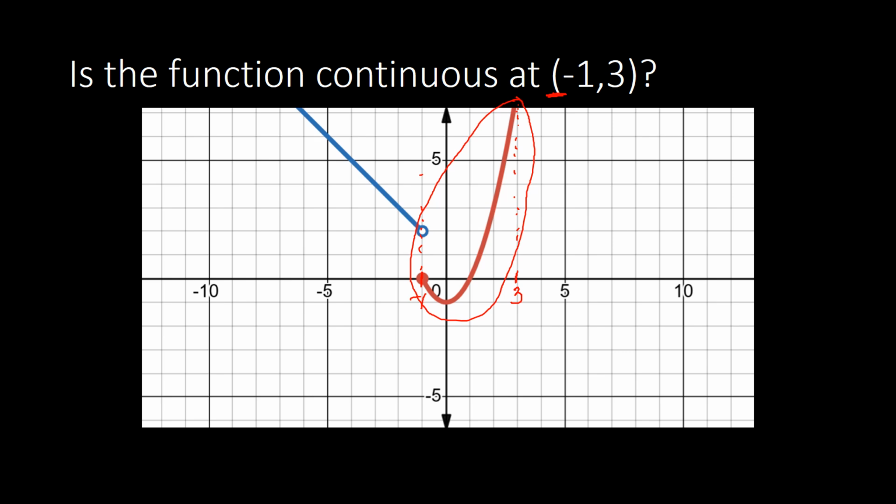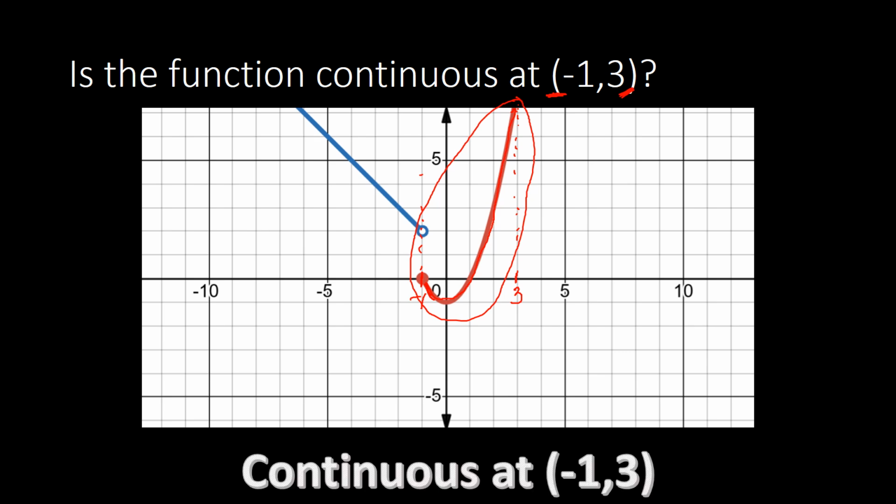So we are to consider only those that are closer to the -1 here, until we are moving very close to our 3, which is this one here. And again, we do not really care about the 3 because this is open, which means we do not see any breaks or gaps at all. So that means this is continuous at the interval -1, 3, which is an open interval.